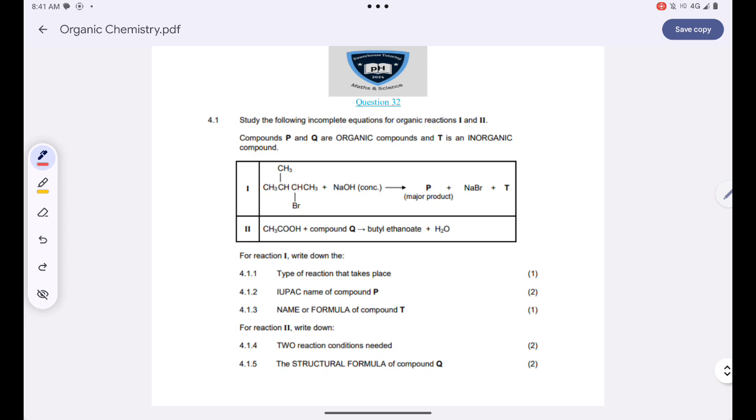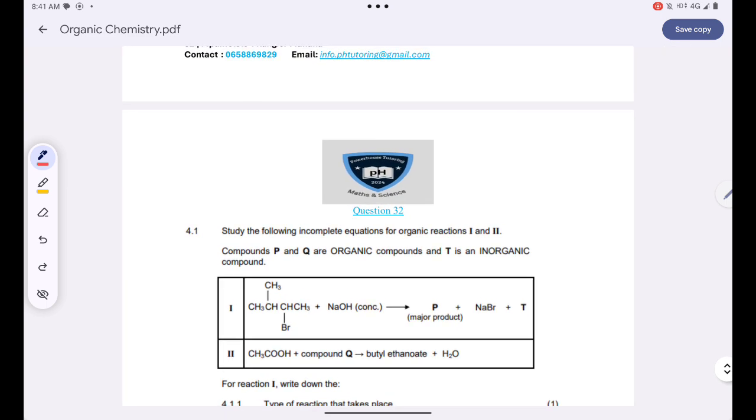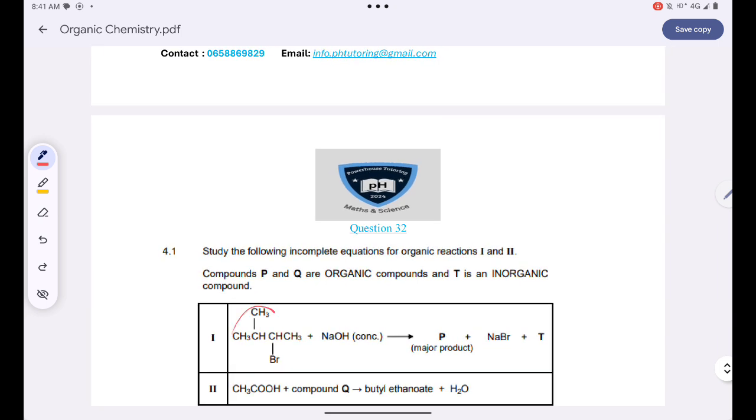So what's happening over there? Let me draw a complete structural formula for this compound. Before I even answer the questions, I'm dealing with reaction 1. Let me write down reaction 1 here.